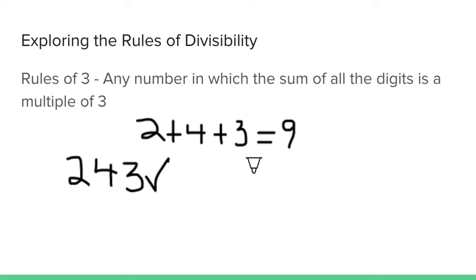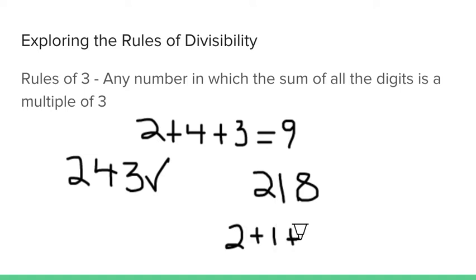Let's try the number 218. That means I'm taking 2 plus 1, which gives me 3, plus 8, which would give me 11.